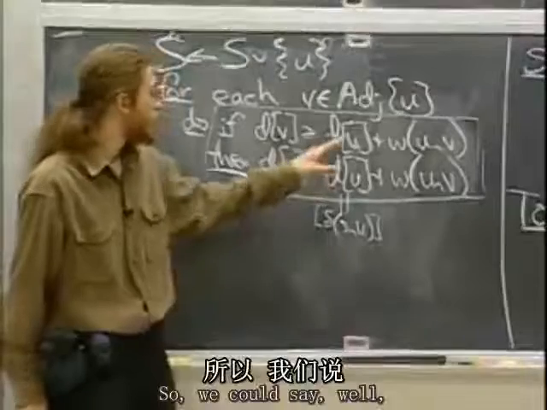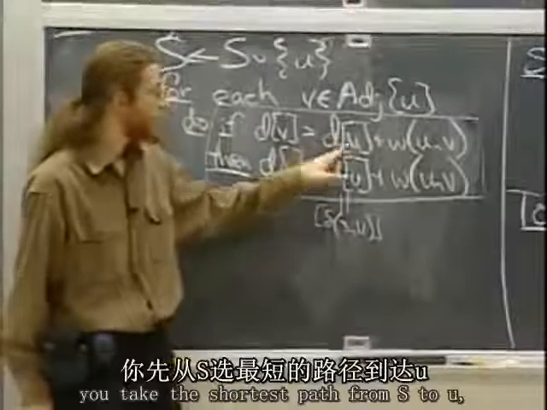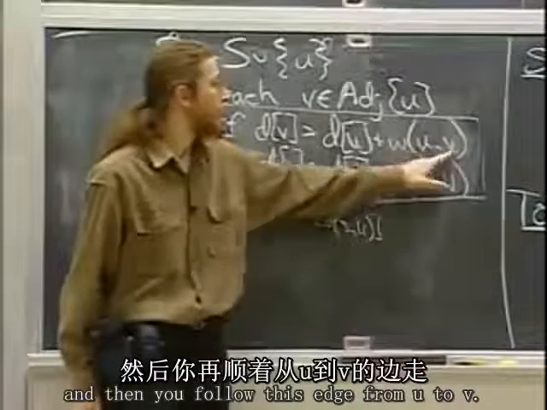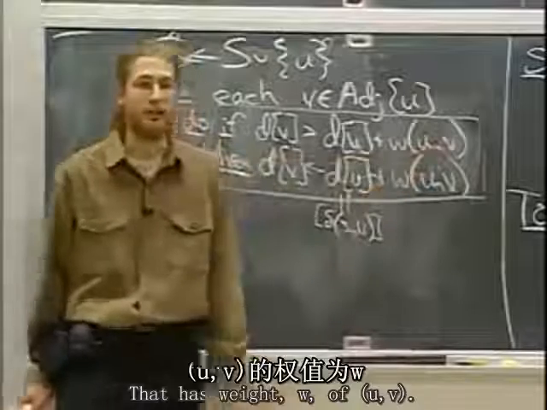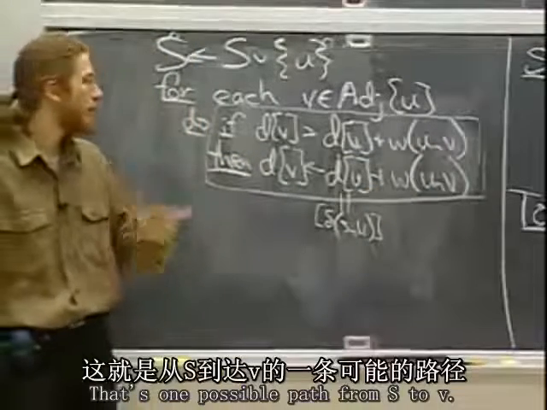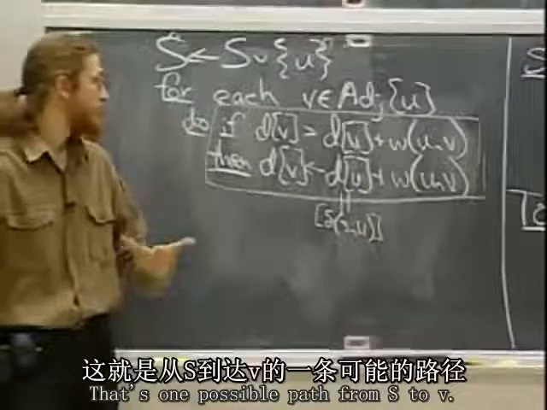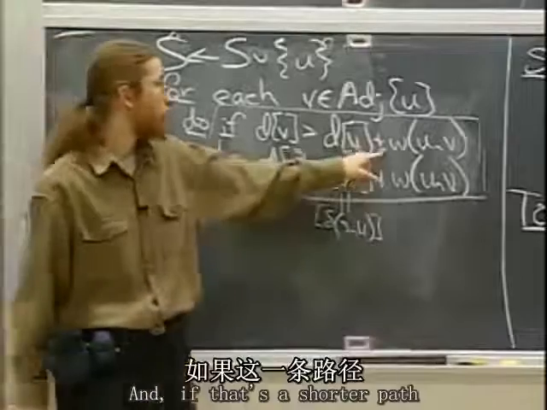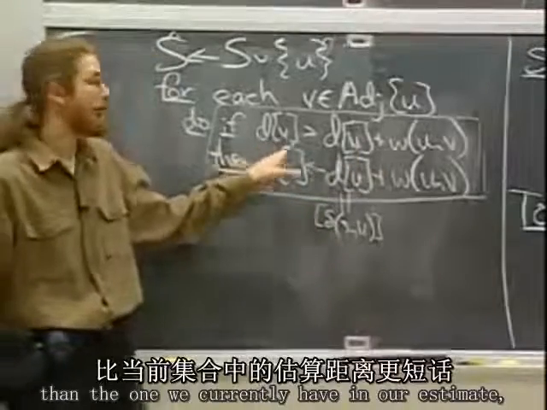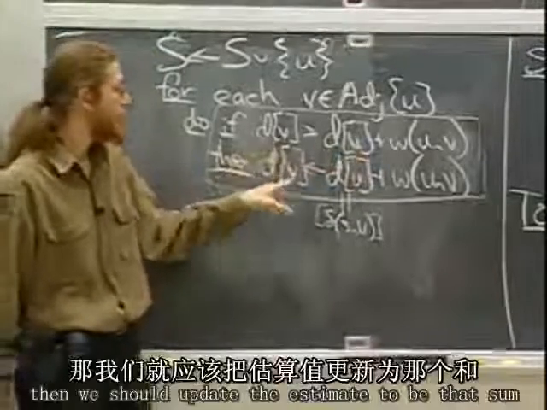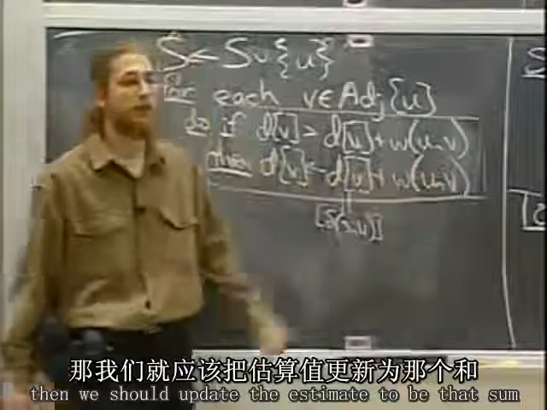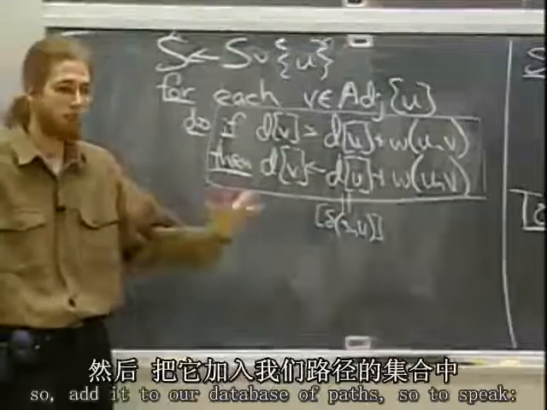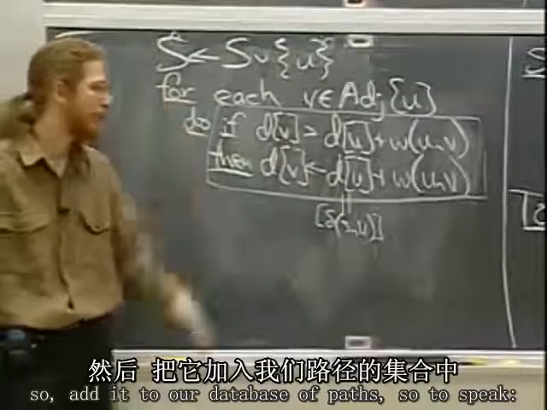So you take the shortest path from S to u, and then you follow this edge from u to v. That has weight w of uv. That's one possible path from S to v. And if that's a shorter path than the one we currently have in our estimate, if this is smaller than that, then we should update the estimate to be that sum, because that's a better path. So add it to our database of paths, so to speak.